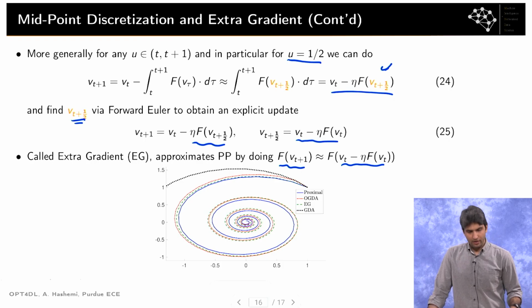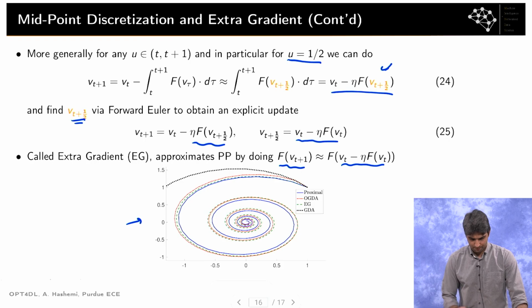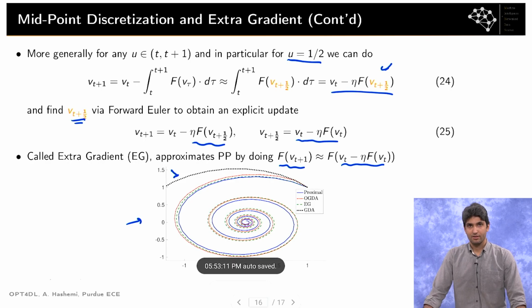So it is now widely known in the literature that there is a relationship between the extra gradient method and the proximal point method. Here I'm showing a result from a researcher that shows that for a specific simple, let's say, bilinear game, the trajectories of the proximal point method and extra gradient are very, very similar. As we can see in this plot, the black curve corresponds to gradient descent.